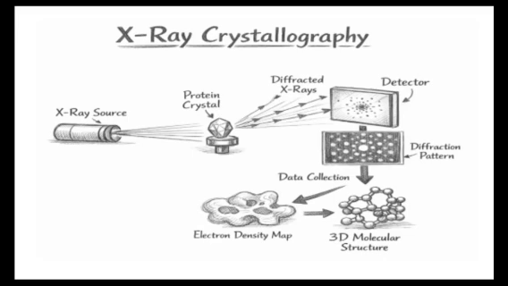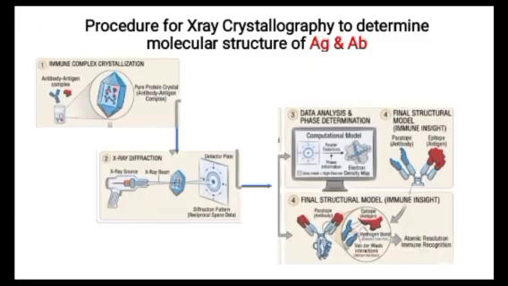In the case of an antigen-antibody reaction, we can see the structure of the antigens, the sites of the epitope and the paratope. So the procedure starts by crystallizing the immune cells, be it either the protein or the antigen-antibody complex, using a cryogen.